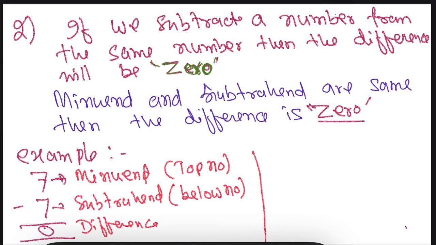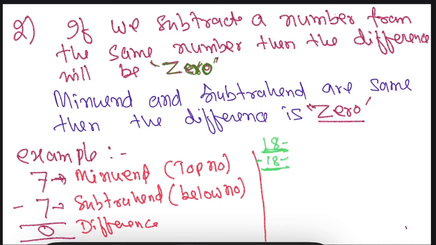And the second one is that if you subtract a number from the same number, then the difference will be 0. Let us take 18: this is 18 and this is also 18.